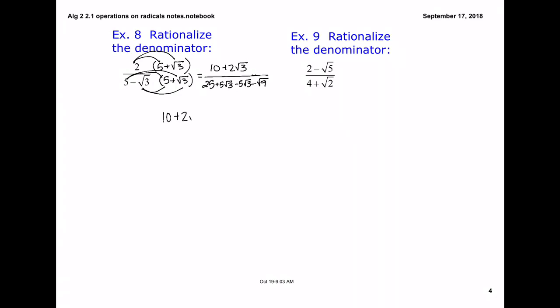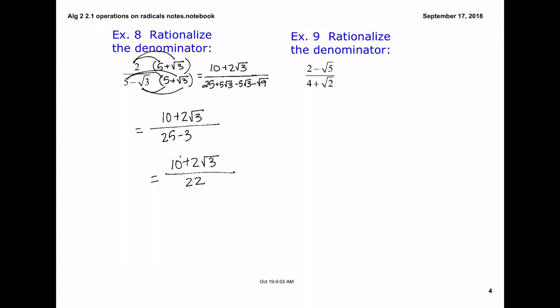10 plus 2 root 3 in the numerator. 25 minus 3 in the denominator. 25 minus 3 gives us 22 in the denominator.